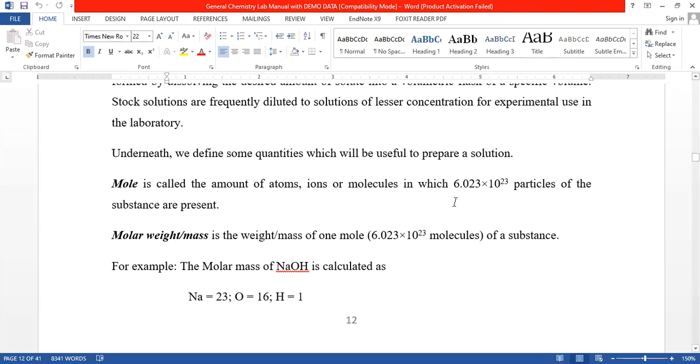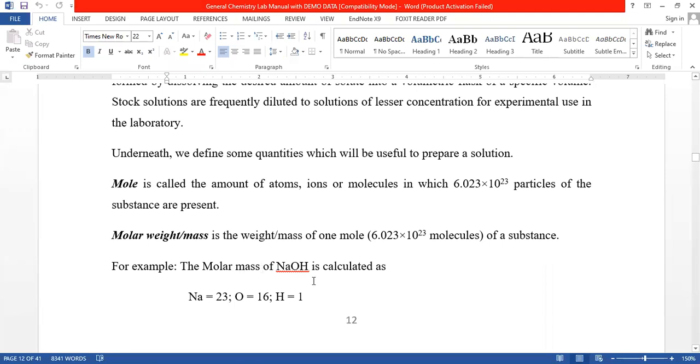The mole refers to 6.023 times 10 to the power 23 particles, atoms or molecules present in a gram molecular weight of a substance. So molar weight or molar mass is the weight or mass of 1 mole, that means 6.023 times 10 to the power 23 particles, molecules or atoms of a substance.